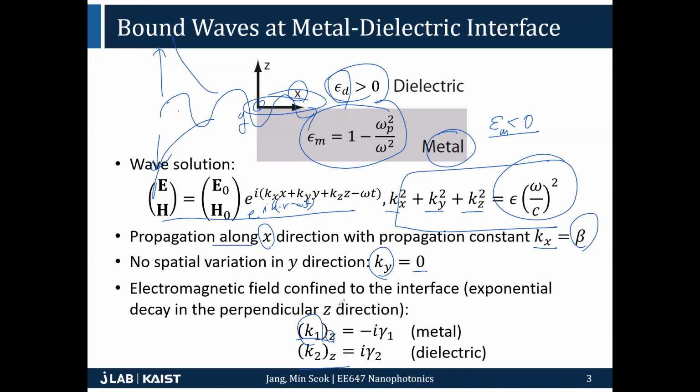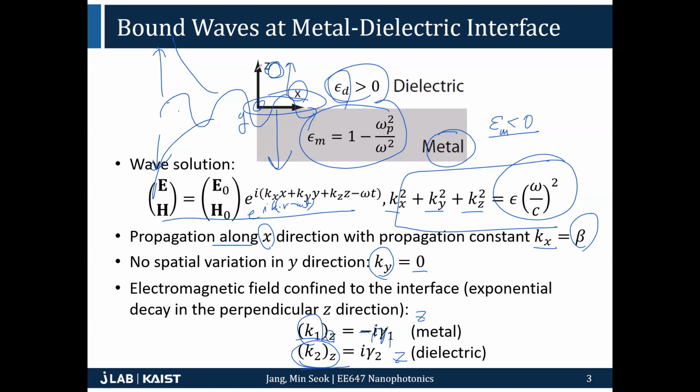So k1z in the metal is minus i gamma 1, so that it exponentially decays as z increases in the negative direction. And similarly, k2z must be i gamma 2, so that the field decreases exponentially as z increases in the positive direction.